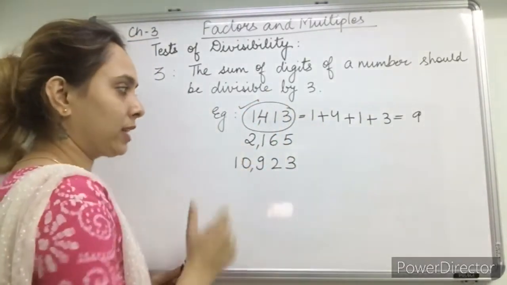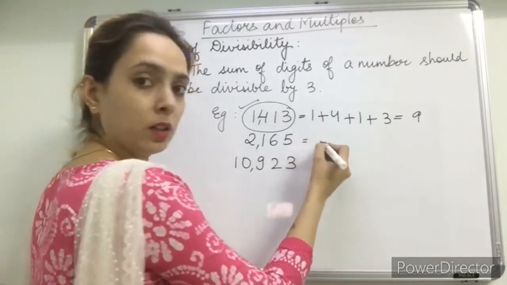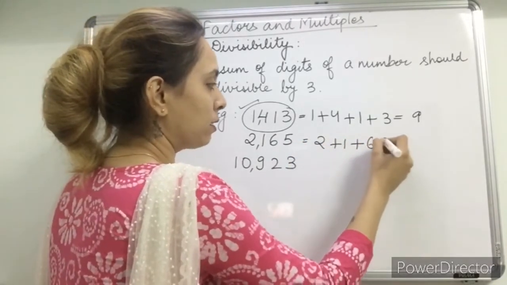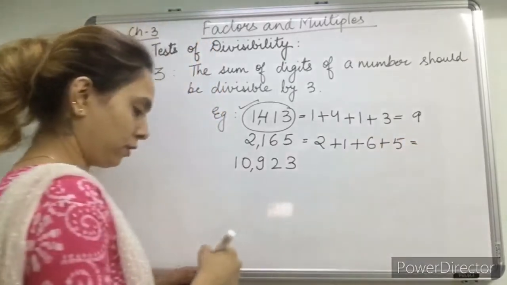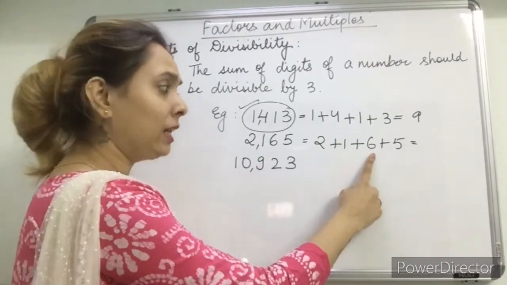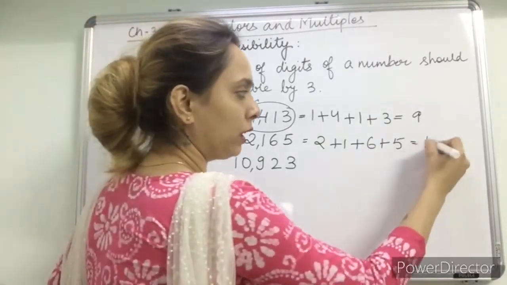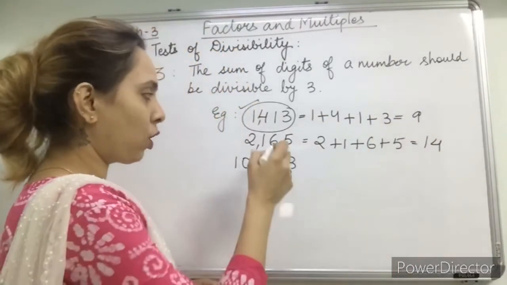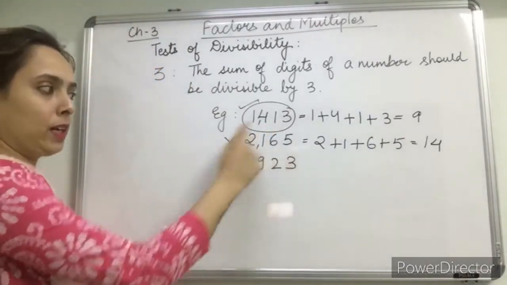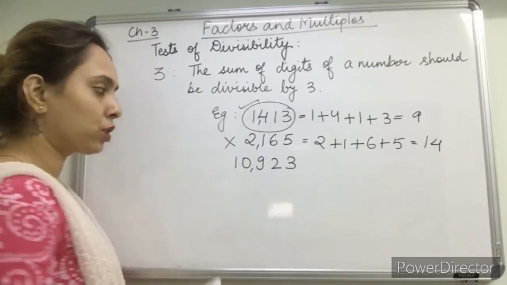Let's check the next number. 2 plus 1 plus 6 plus 5. So here 2 plus 1, 3, 3 plus 6, 9, 9 plus 5, 14. So 14 is not divisible by 3. So this complete number is not divisible by 3.